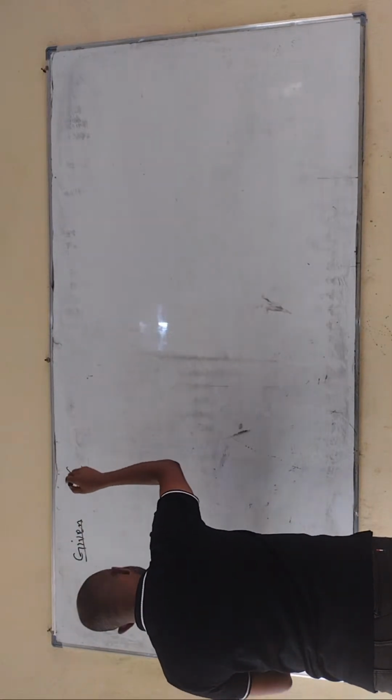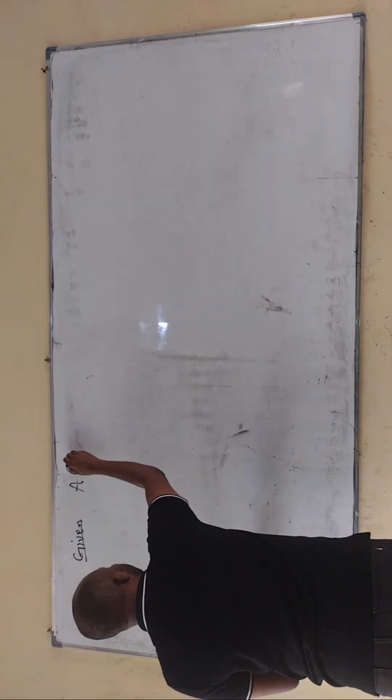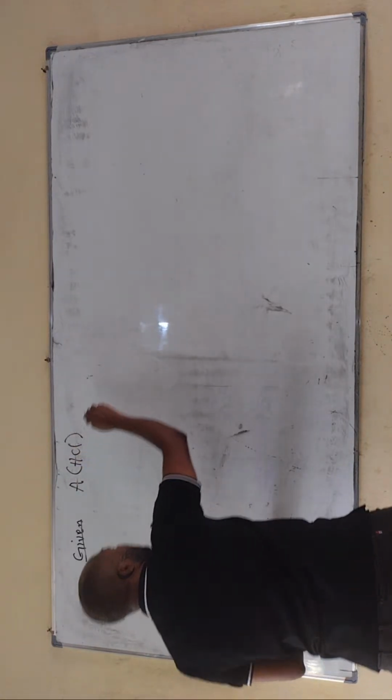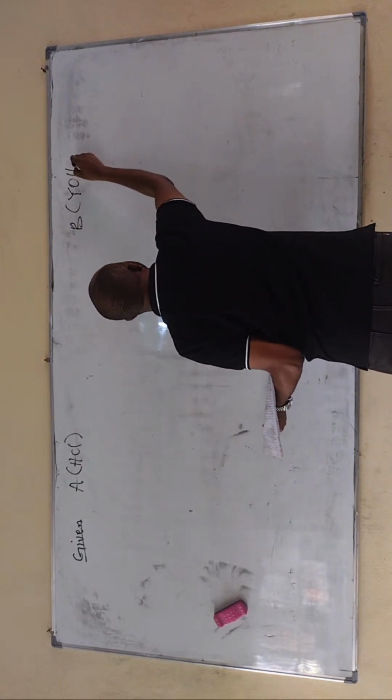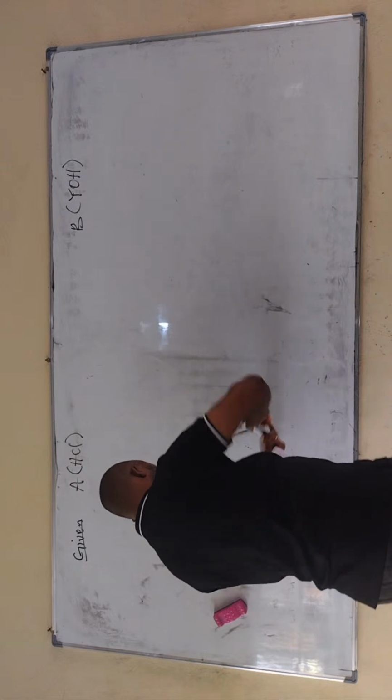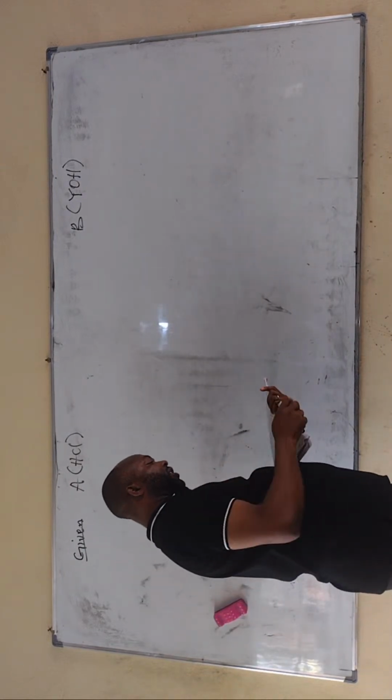We have our A, which is HCl, and we have our B, which is YOH. Now, the variables.